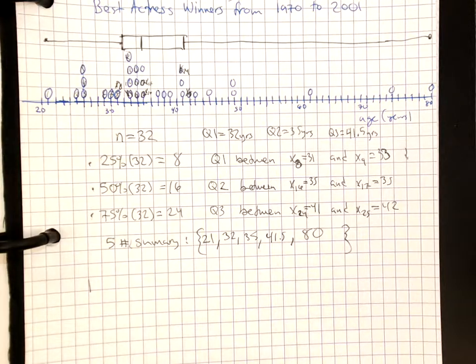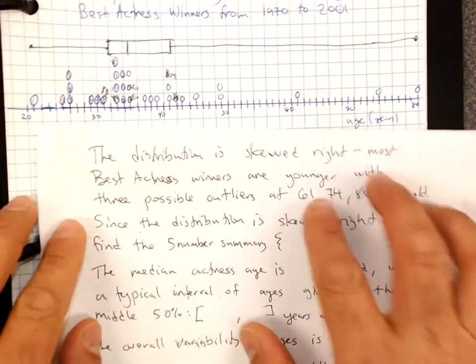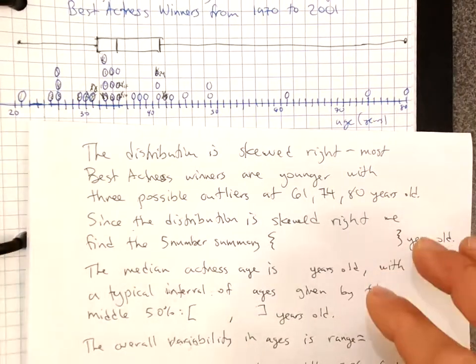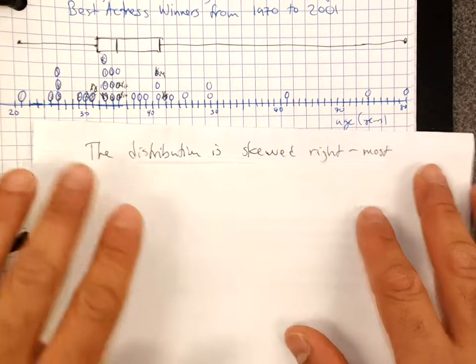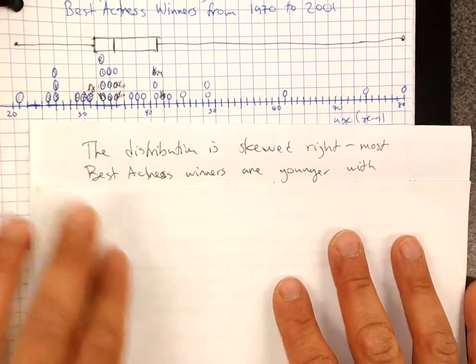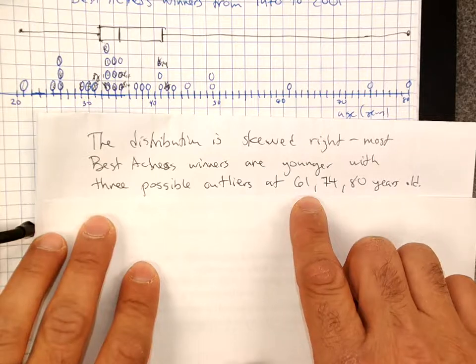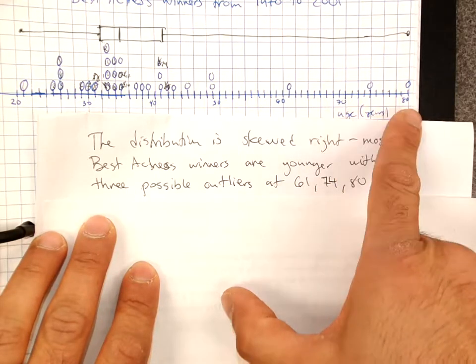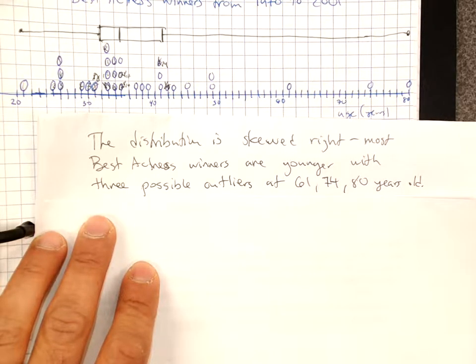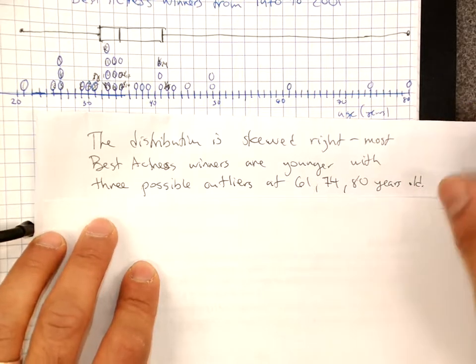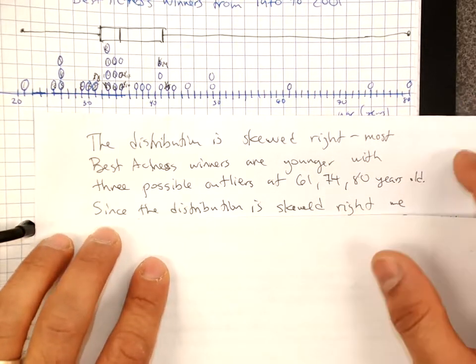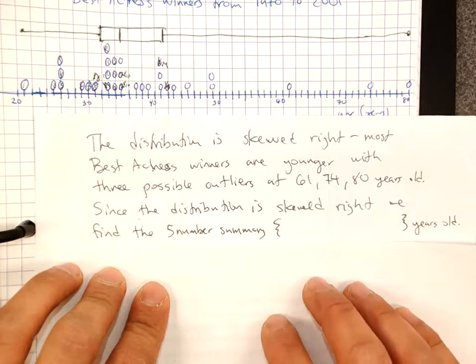Okay. So here's my analysis. First of all, the distribution is skewed right. That is, most Best Actress winners are younger, with, I would say, 3 possible outliers: 61, 74, and 80 years old. Okay. So since it's skewed right, the median is the best way to analyze the distribution.